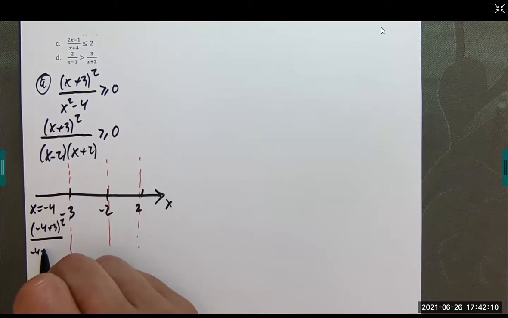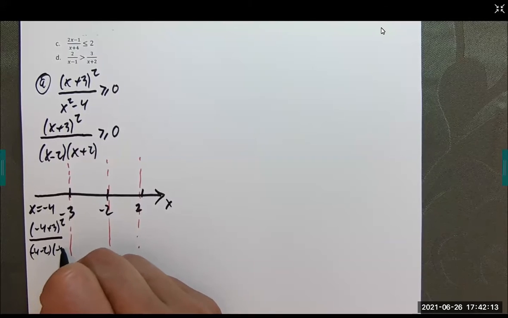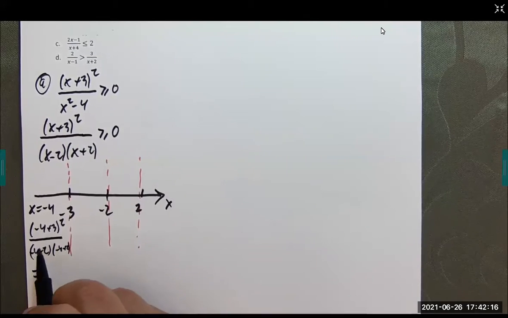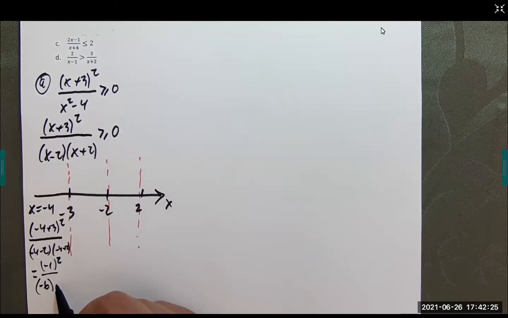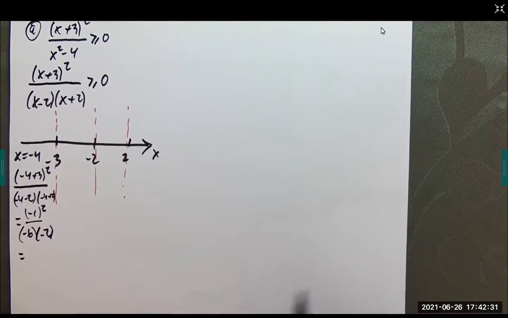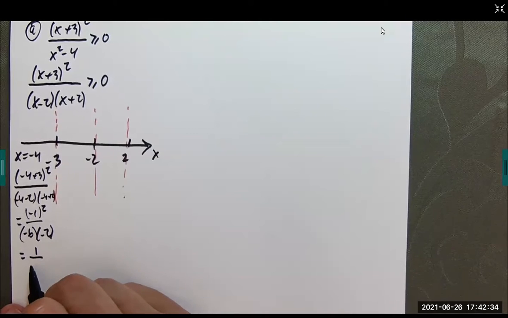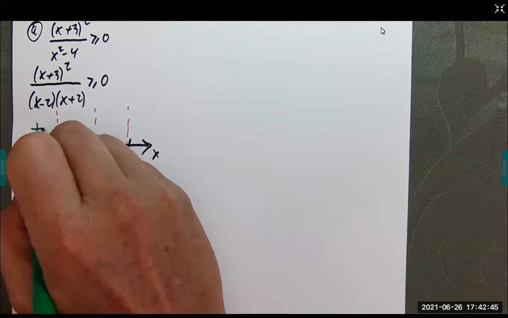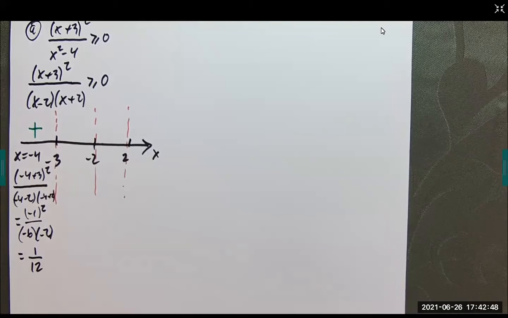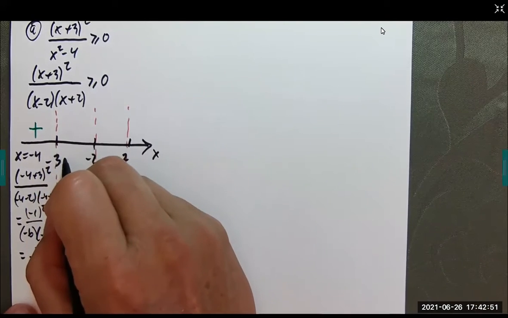So -4 plus 3 gives us -1 squared, over -6 times -2. And that gives us 1 over 12. So we are positive here, which means any value of x I choose over here is going to make it positive. Let's pick 2.5 here.